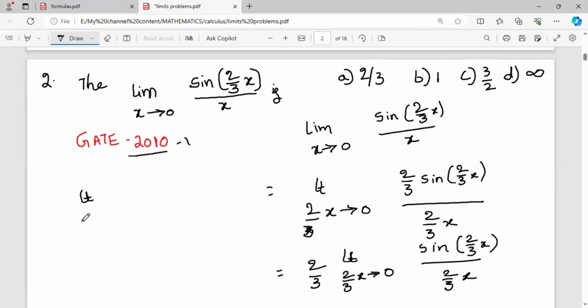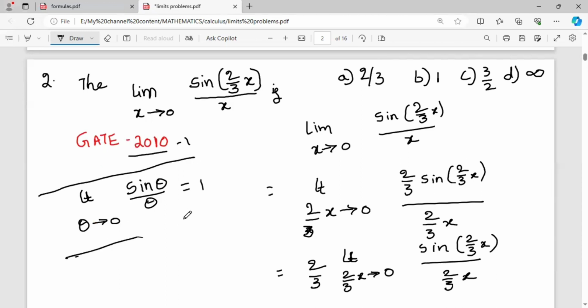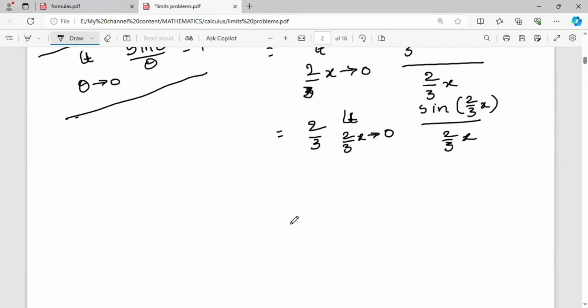It is in the form of limit theta tends to 0 of sine theta by theta, which equals 1. This is the standard formula. So it can simply be written as 2 by 3 into 1, because sine theta by theta equals 1.